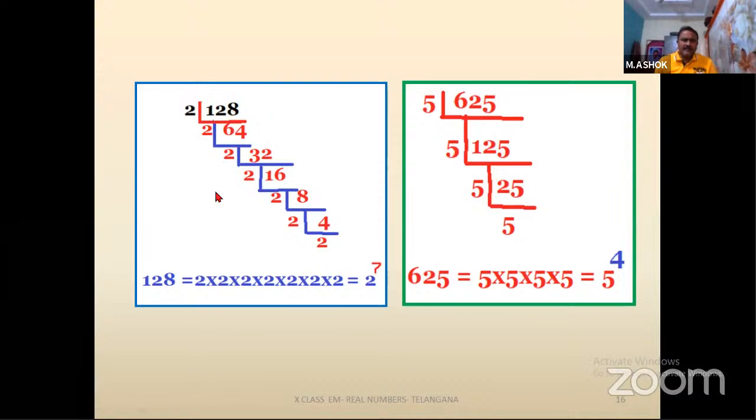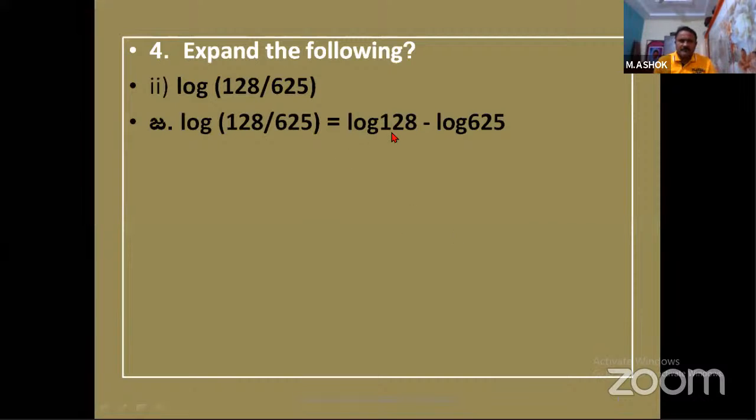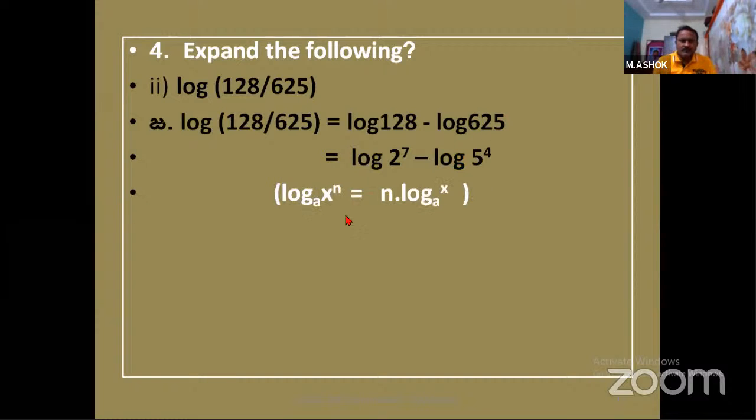So 128 is equal to 2 to the power of 7, and 625 is equal to 5 to the power of 4. So basing on the power rule formula, log x to the power of n is n into log x base a.